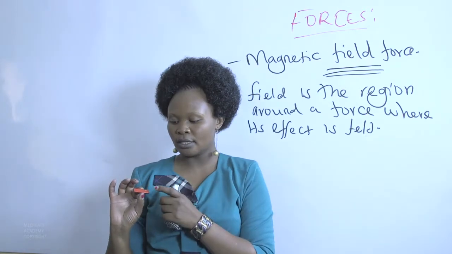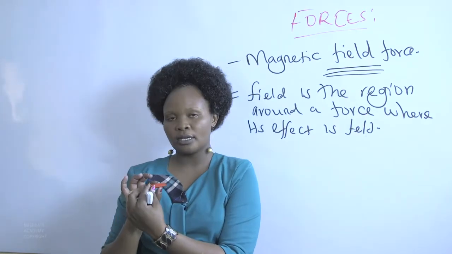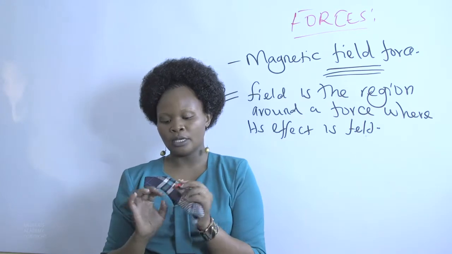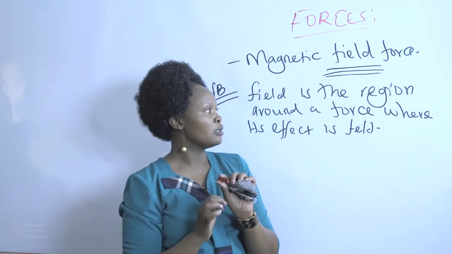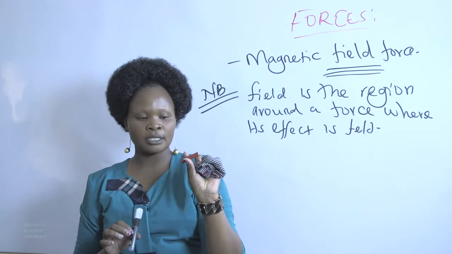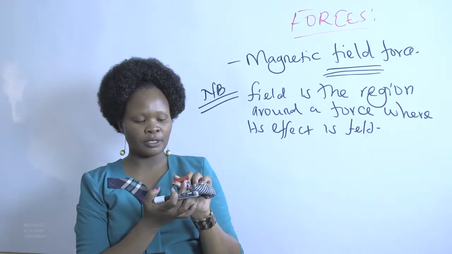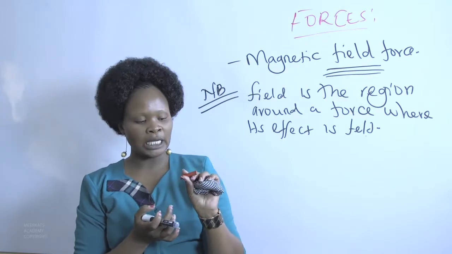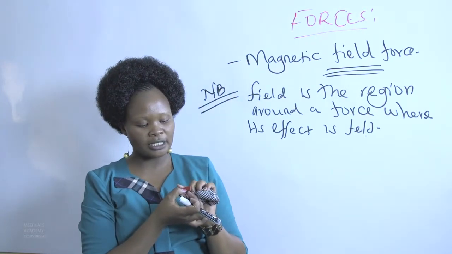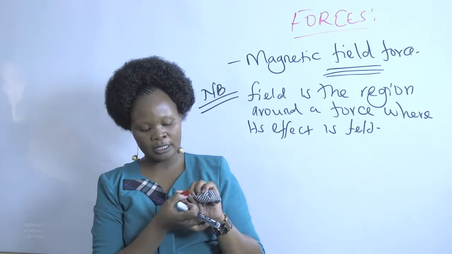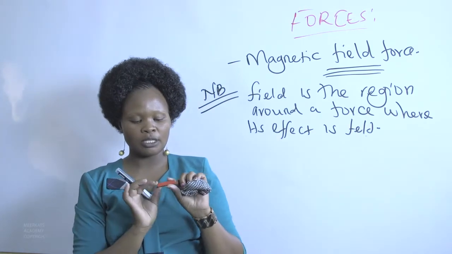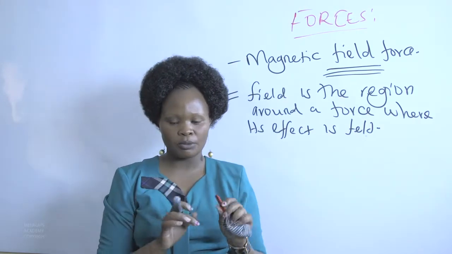It has this one and this other one. Now, end A of this magnet is what we would call the North Pole. Why the North Pole? Because it is actually indicated with an N. The other one automatically becomes the South Pole.